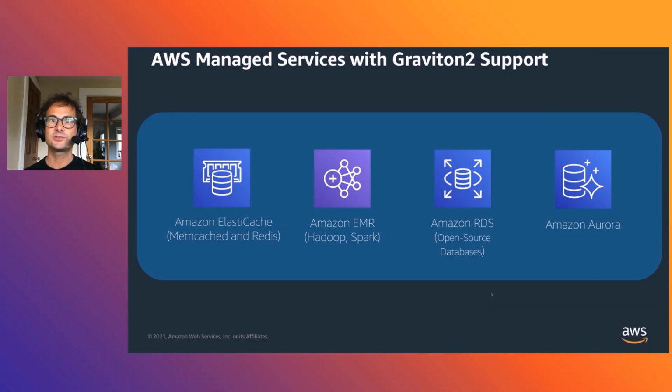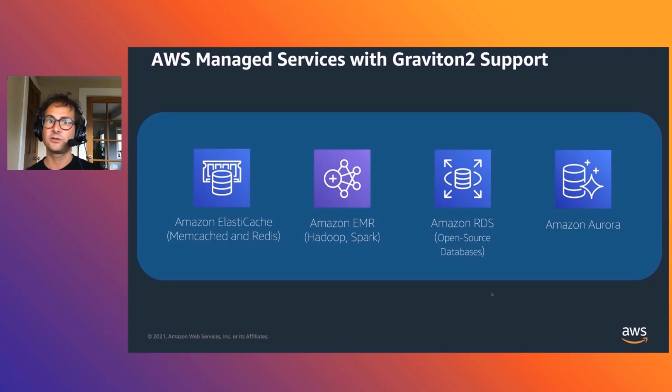In terms of managed services, we use the Graviton2 based instances not only for our EC2 instances, but we've also started to deploy them for some of our managed services. The first one was Elasticsearch. So you can now use Graviton2 based instances for your Elasticsearch setup, and they offer better performance and lower cost.